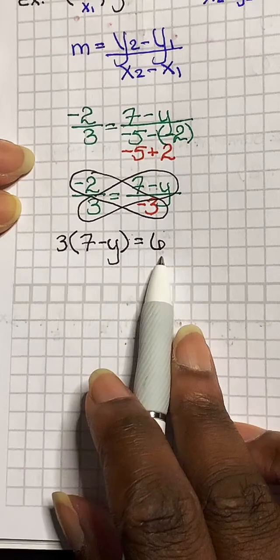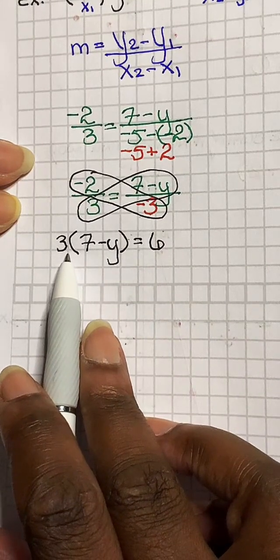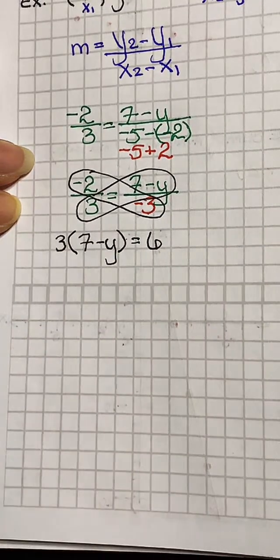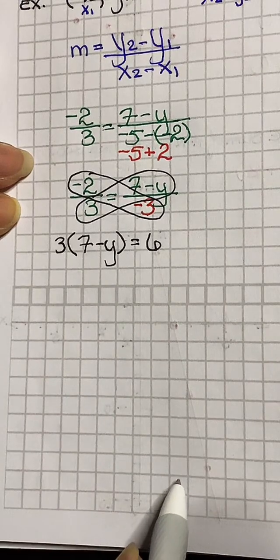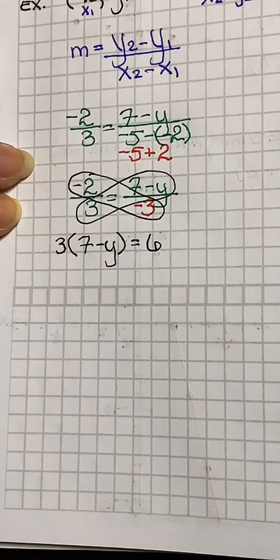So now we could distribute this 3 to everything inside the parentheses. Or, oh, there's an or. Yes, there's an or.